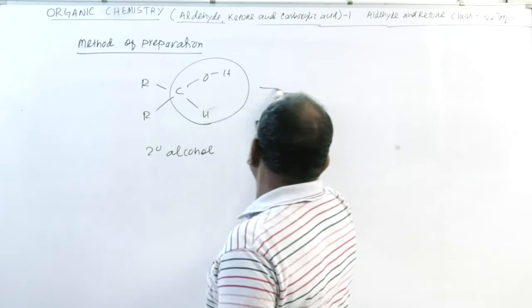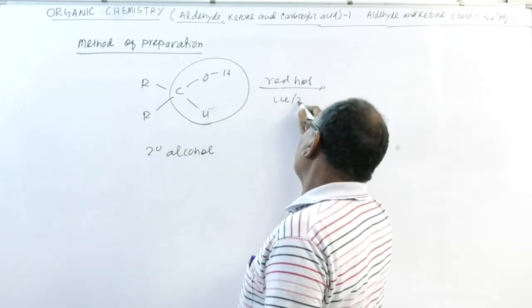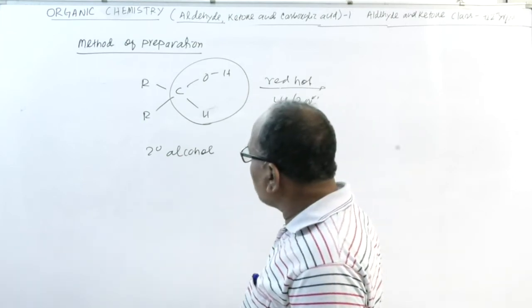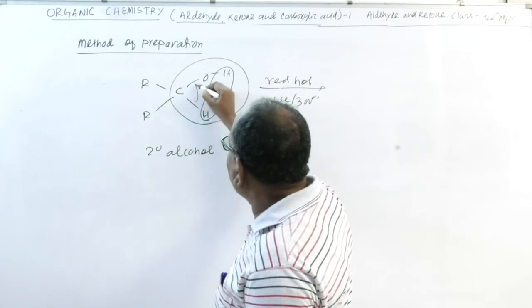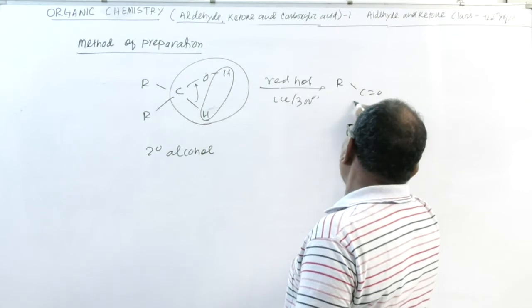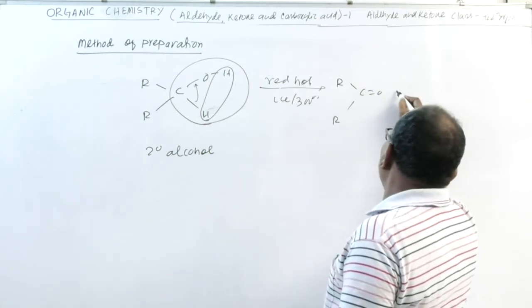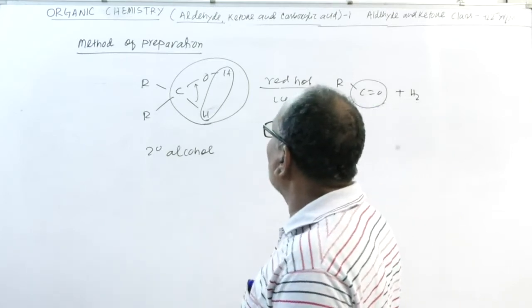When the secondary alcohol is passed over red hot copper at 300 degrees C, it loses a molecule of hydrogen, and this becomes a ketone: R2C=O plus H2. You convert this secondary alcoholic group to a ketone.